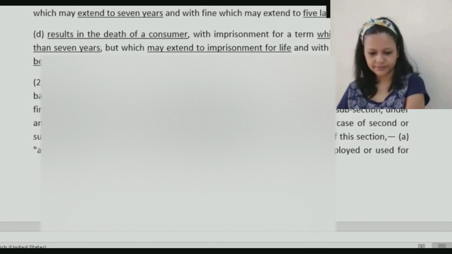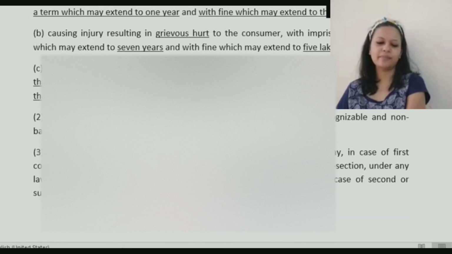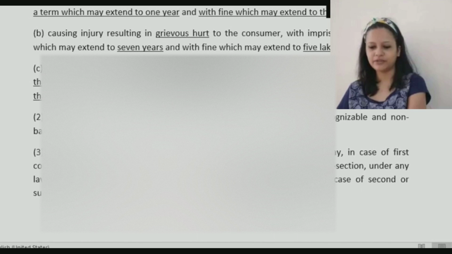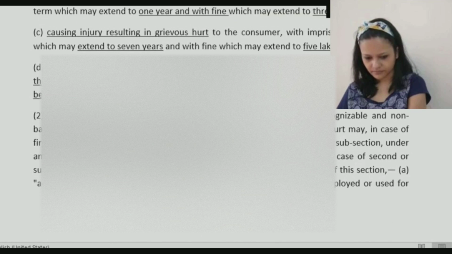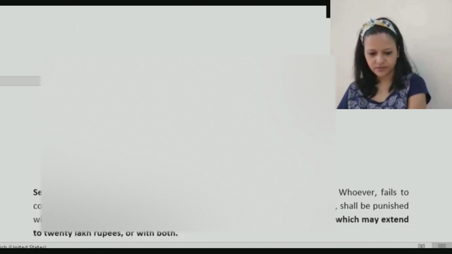All right. So here you need to remember a few things, because we have this punishment and the imprisonment here. There is no other option, but we will have to try a bit to remember this part. Okay, Vishnu, is it clear? Yes, ma'am.